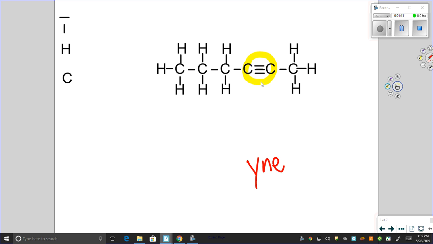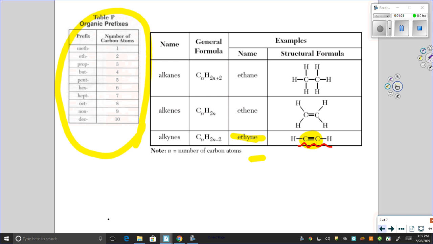In this molecule we have 1, 2, 3, 4, 5, 6 carbons. So we can go back to Table P, and 6 would be hex, or hexyne.